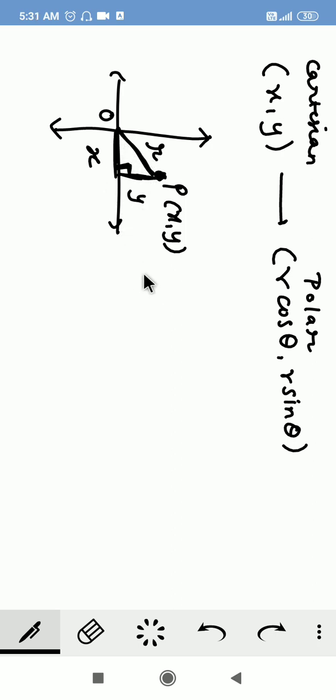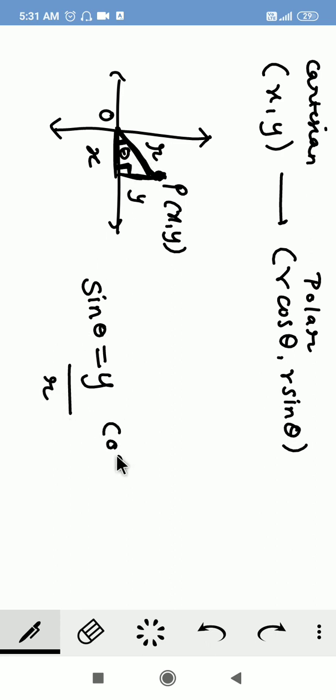Let's say I am taking an angle theta here, that is the angle between the x-axis and this distance from the origin. If I am taking this theta, then sine theta will be equal to the opposite side divided by the hypotenuse. The opposite side to theta is y and the hypotenuse is r.